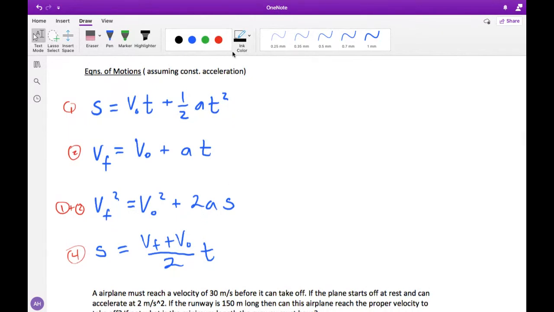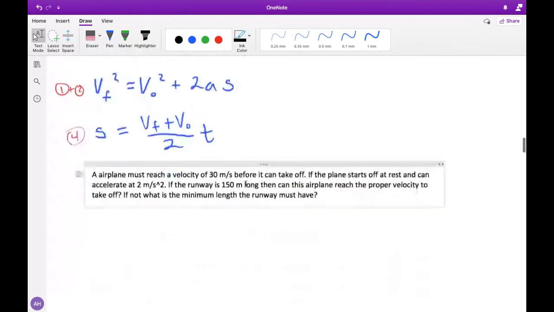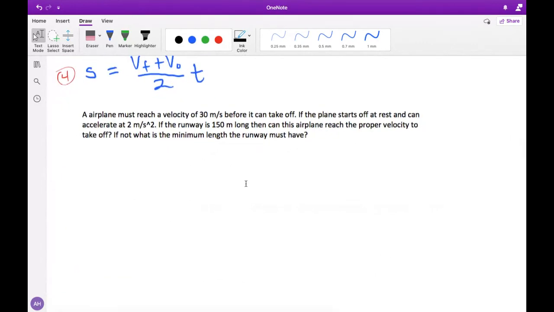So now that we have these equations of motion, let's go ahead and apply them to some problems to see how they work. This first problem says an airplane must reach a velocity of 30 meters per second before it can take off.